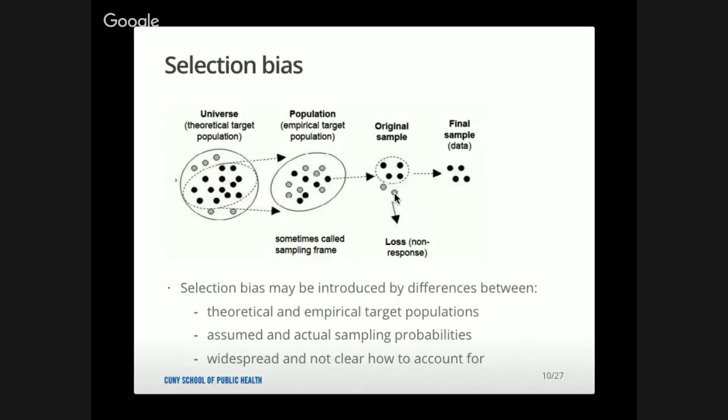Yeah, so this is an example of how, if you have some information about who was lost, you could do some analyses that would give some indication of whether there is bias or not, though not with certainty.